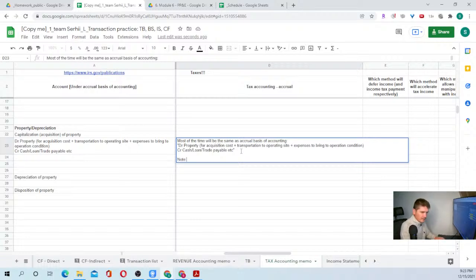Note, there is one caveat which is called the safe harbor rule.